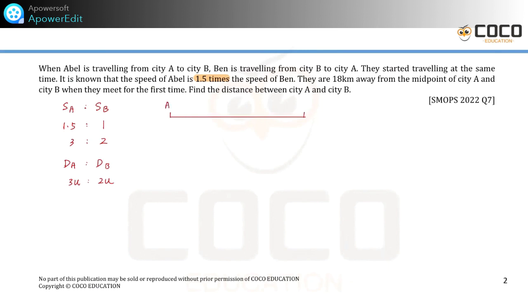The city A, city B, and this is the midpoint. So here we know that Abel traveled 3 units. Ben traveled 2 units. And they are 18 km away from the midpoint.